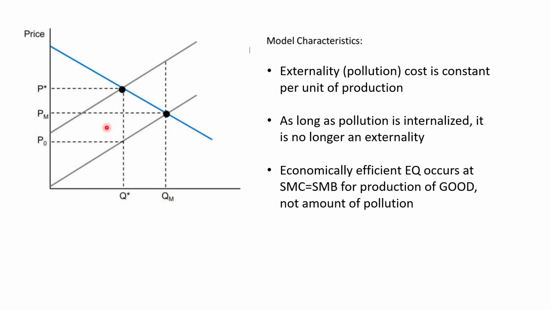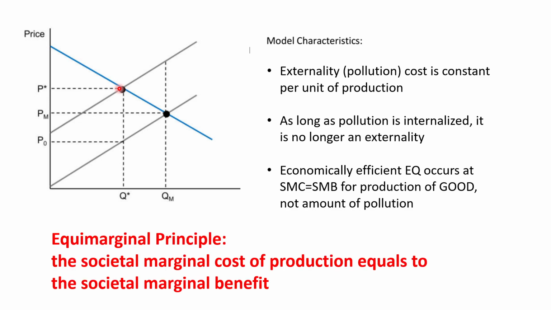Well, that's the optimal because Q star is production where the social marginal cost equals the social marginal benefit. Now, this condition is called the equal marginal principle. So where the SMC equals the SMB, the equal marginal principle states that if this is true, then the total social welfare is maximized.